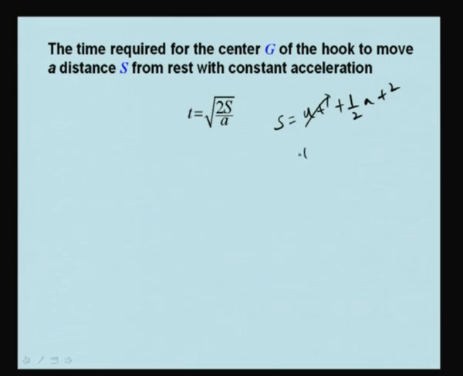So once we have found linear acceleration, be it in pure rolling motion or rolling cum sliding motion, we can always find the time, under root 2s by a, and we can solve this problem.